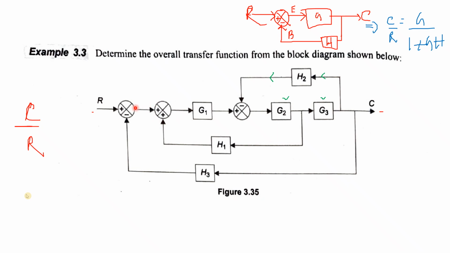In positive feedback, the error signal, as I have told you, is RS plus BS, and in negative it is RS minus BS. So whatever the sign of the feedback, that will also determine the overall transfer function of the system, obviously. But there can be both positive and negative. It depends upon the system.